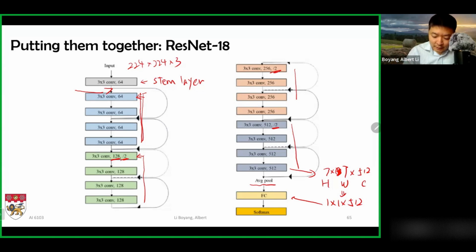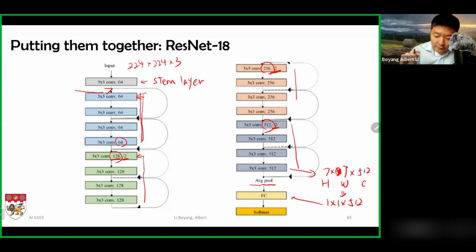Okay, so that's the rule of thumb. So the number of channels goes from 64 to 128, and then to 256, and then to 512. Okay, so that is how the spatial resolution and the number of channels change through the network.